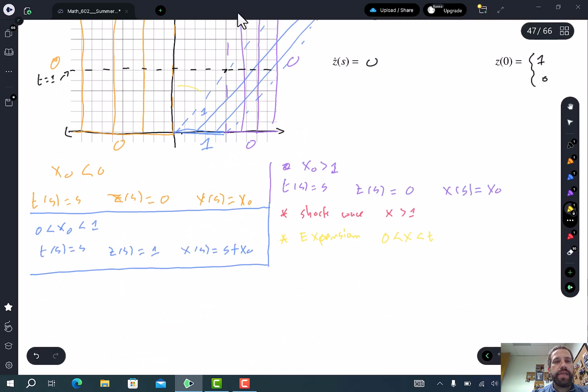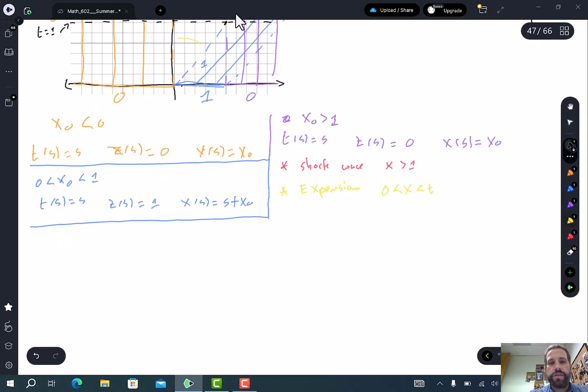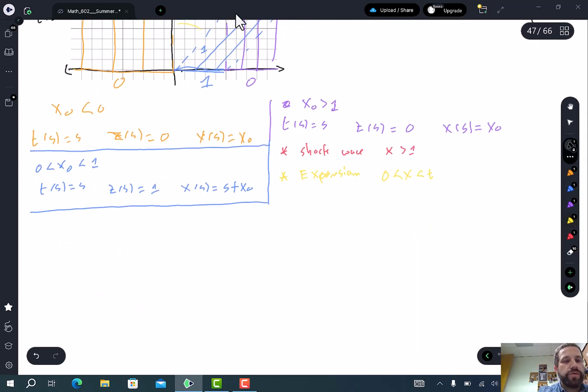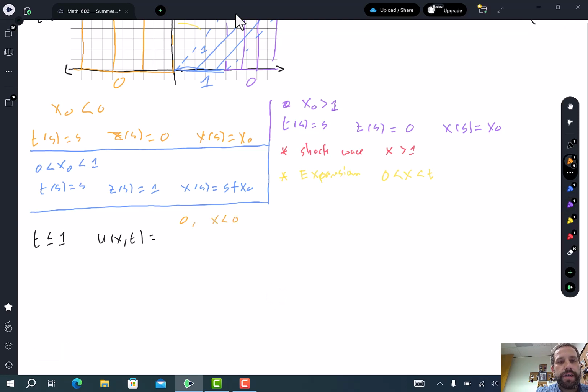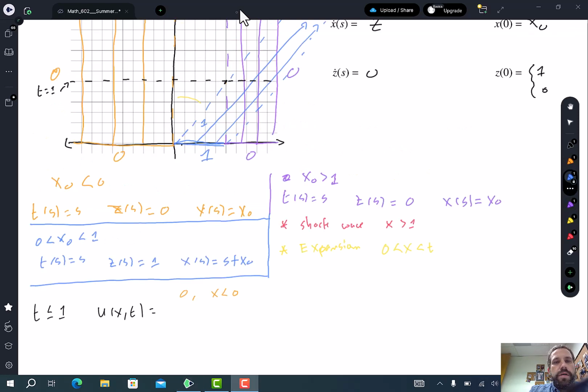So let's see what happens here when t is less than or equal to 1. The first thing I'm going to do is try to write what the solution is, for t less than or equal to 1. I'm going to have u of x,t, and I know that it is going to be equal to 0 when x is less than 0. If I think about the blue part, the solution is going to be equal to 1 on the blue characteristics, but I'm going to have some shock wave.